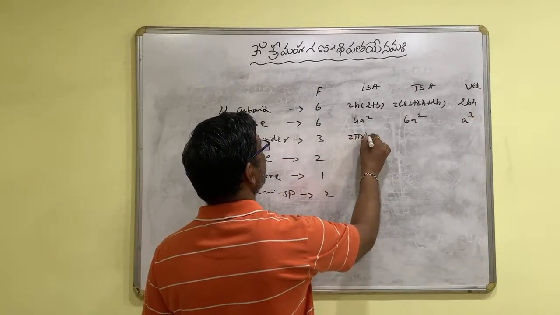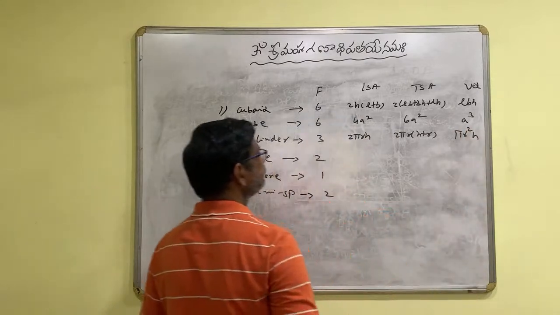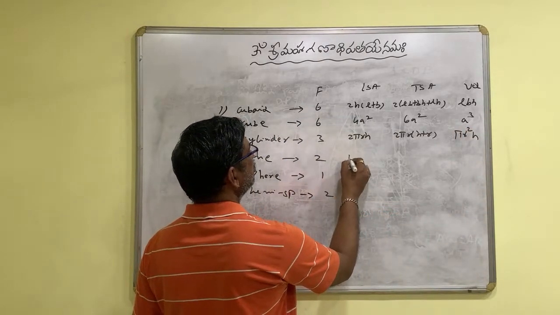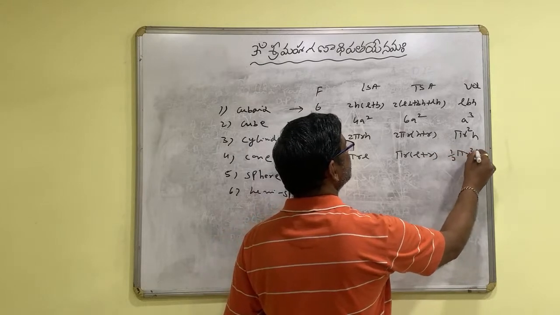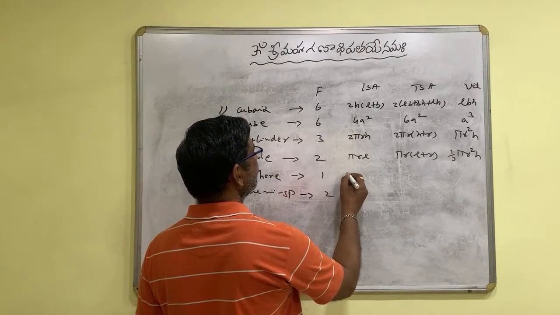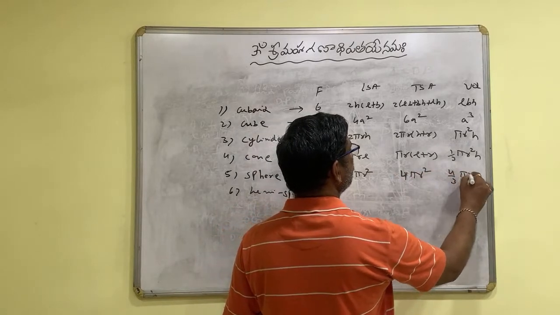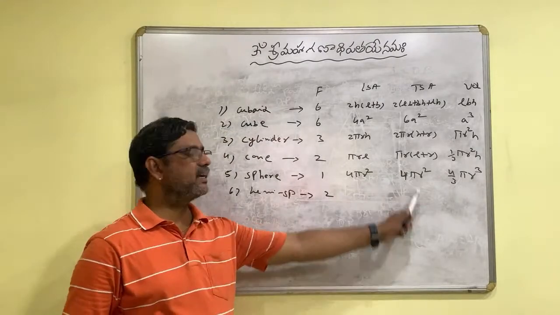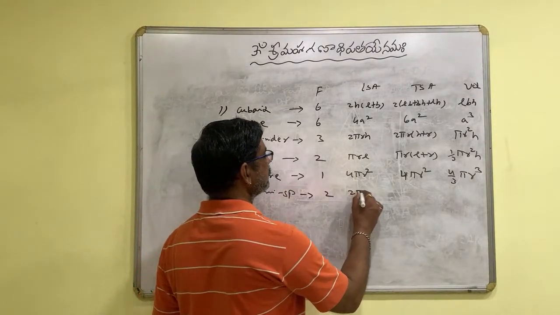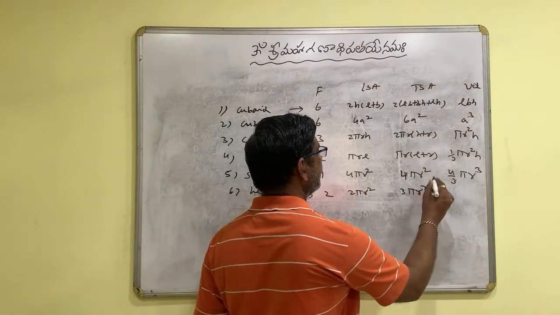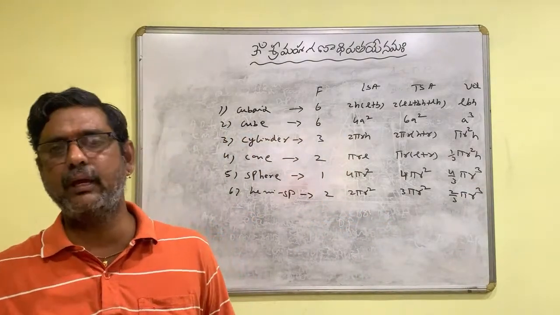Cylinder: 2 pi r h, 2 pi r into (h plus r), pi r square h. Cone: pi r l, pi r into (l plus r), 1/3 pi r square h. Sphere: 4 pi r square, and TSA is also 4 pi r square, volume 4/3 pi r cube. LSA and TSA are both the same for sphere. Hemisphere: LSA 2 pi r square, TSA 3 pi r square, volume 2/3 pi r cube. These are the main formulas that we have to keep in mind.